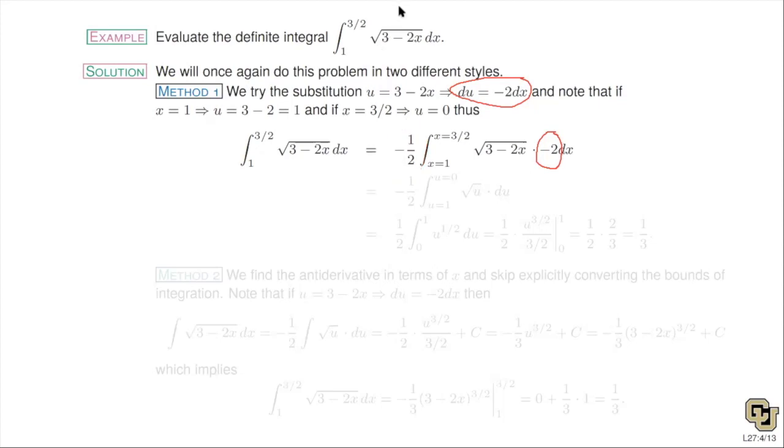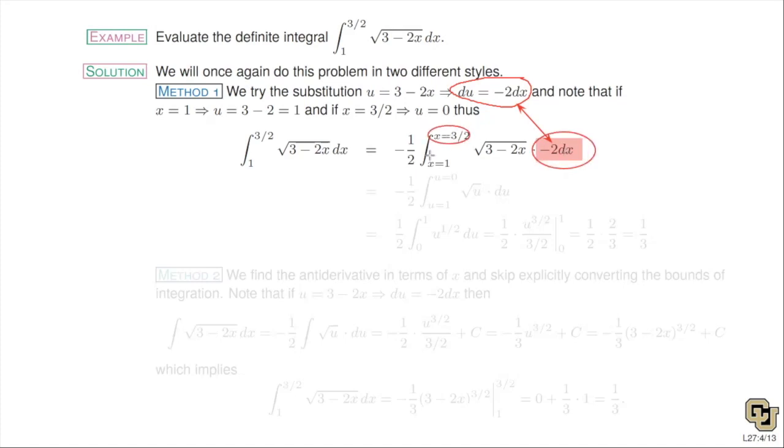And why did I do that? Well, now that I have the negative 2 dx here, I can replace this entirely with du, because if u equals 3 minus 2x, du has to equal negative 2 dx. So now I'm going to do all the substitutions. In particular, I'm going to replace this with du.